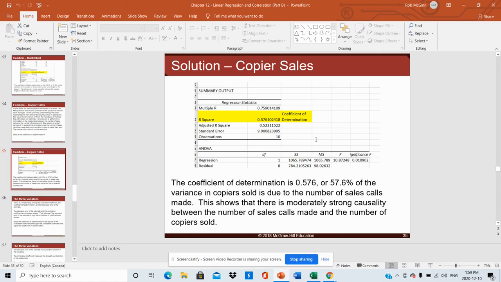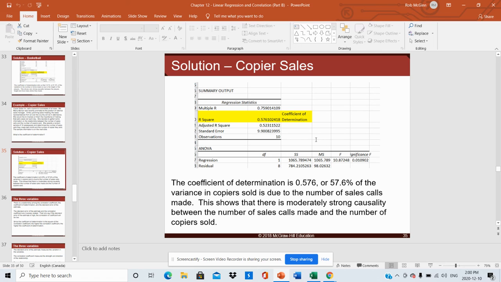But as a salesperson, if someone tells me that almost 60% of the number of copiers I sell is going to be determined by the number of sales calls I make, that's something within my control. It's pretty good returns. Probably going to make me want to make some more sales calls.